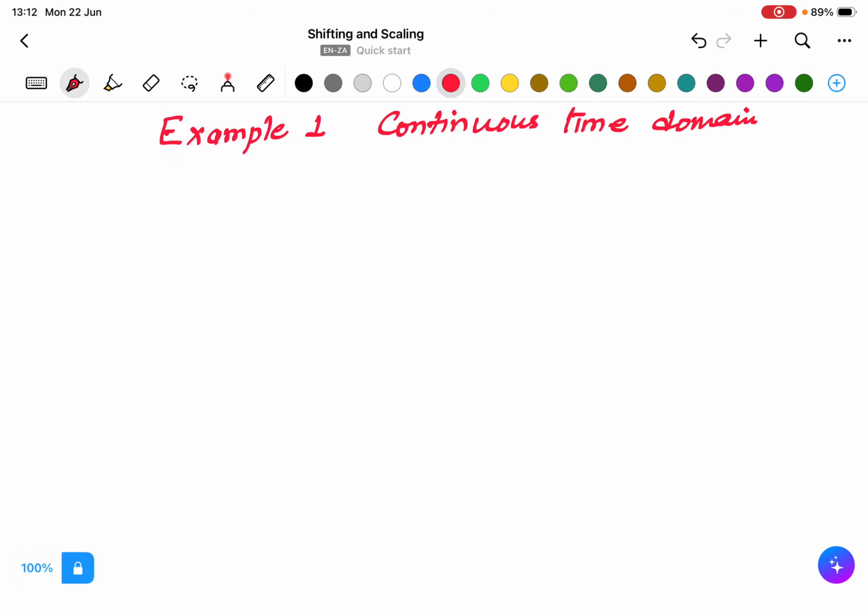We are going to do the first example in continuous time domain for shifting and scaling. So let's assume that we have this signal given to us.